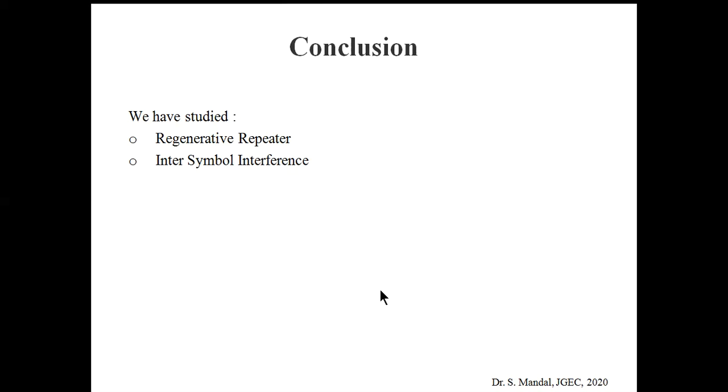After that, we studied the distortion associated with intersymbol interference, that is, distortion created due to pulse spreading between two consecutive symbols, which is known as ISI also. And after that, we also studied how we can remove this ISI.